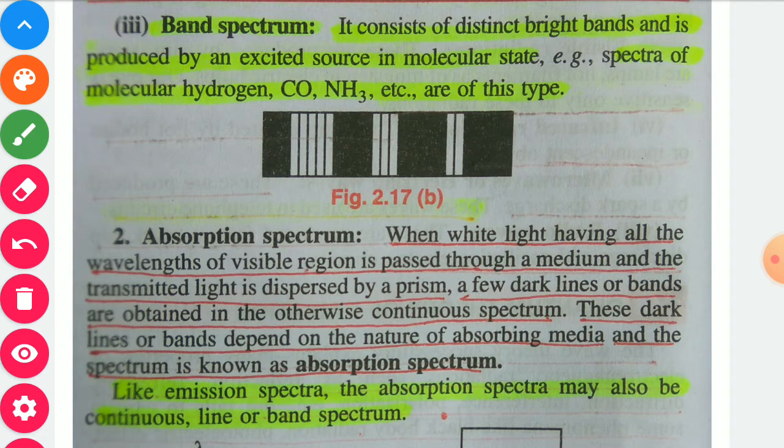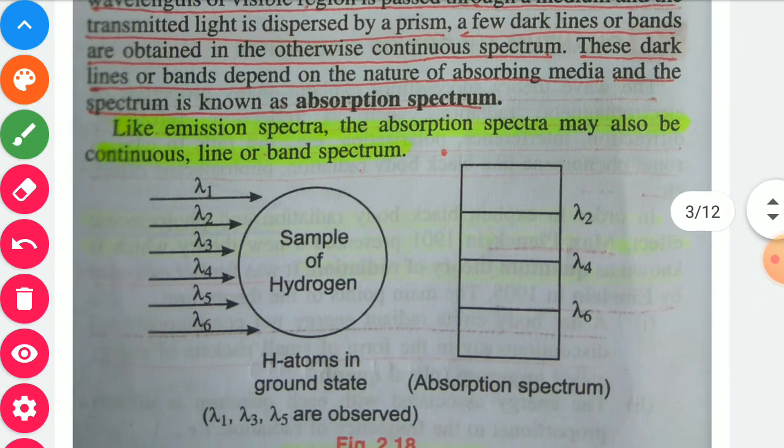These dark lines or bands depend on the nature of the absorbing medium, and the spectrum is known as absorption spectrum. Absorption spectra are the same as the emission spectra. Like emission spectra, the absorption spectra may also be continuous, line or band spectrum.